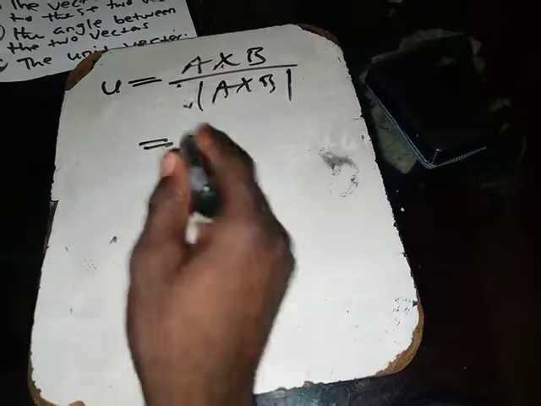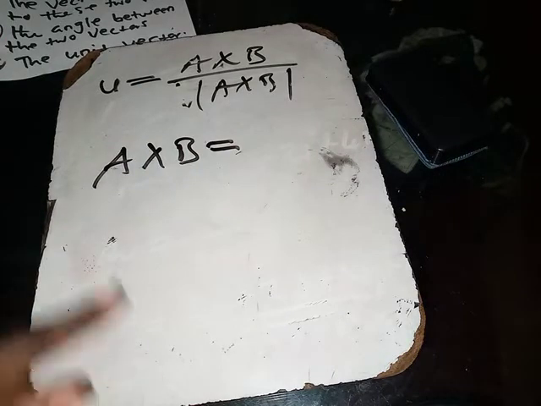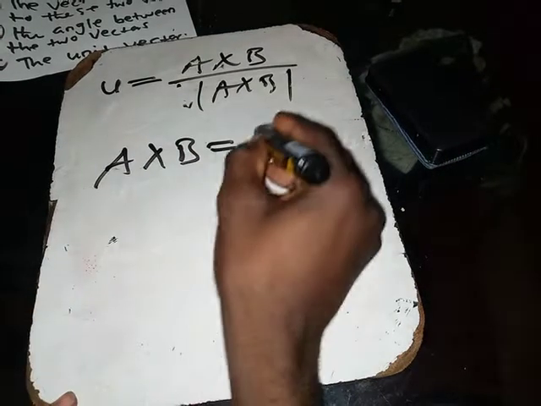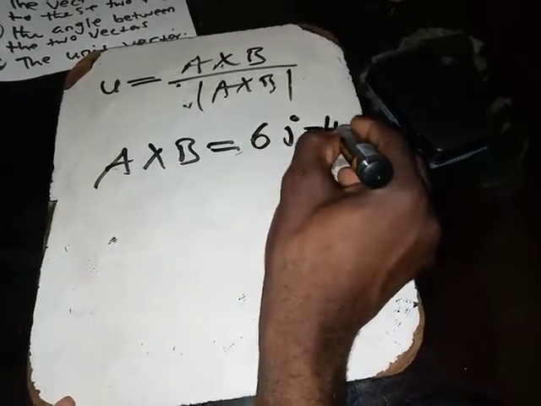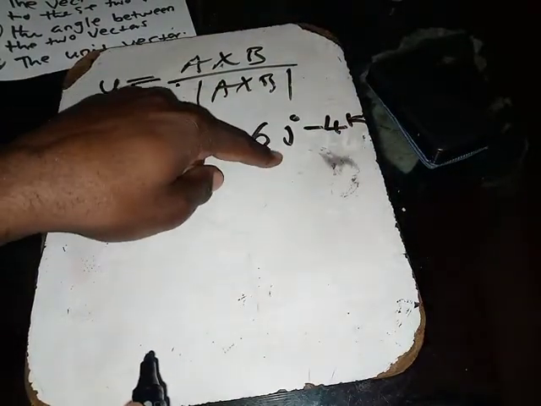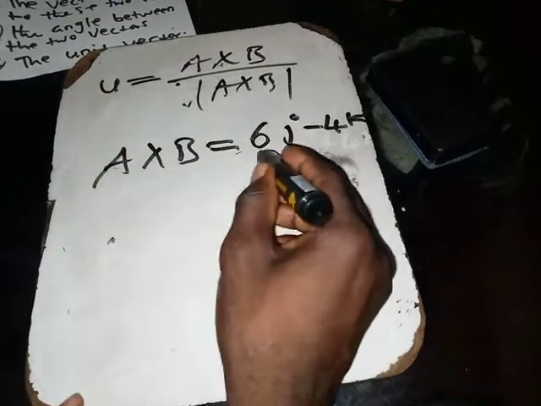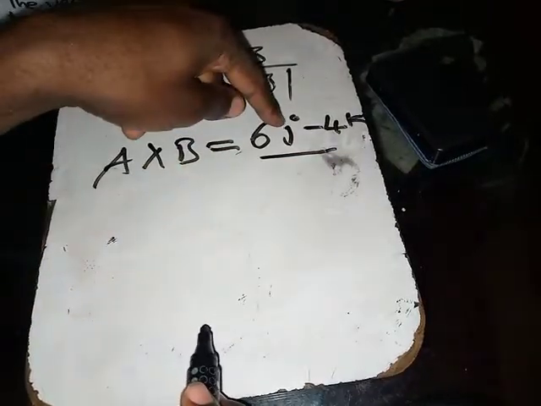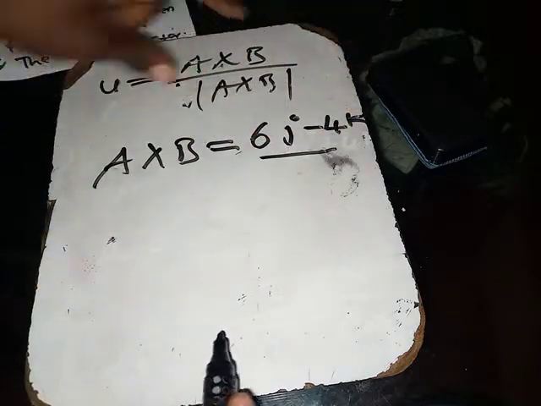If you want, you can even rewind the video. You are going to find that A times B was found to be 6j minus 4k. Remember where we were hiding things, you hide here, you find the determinant. We found this 4j minus 4k because i was 0. So we are going to use this to find this.